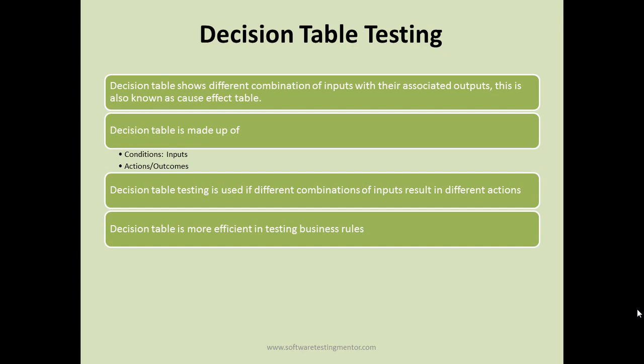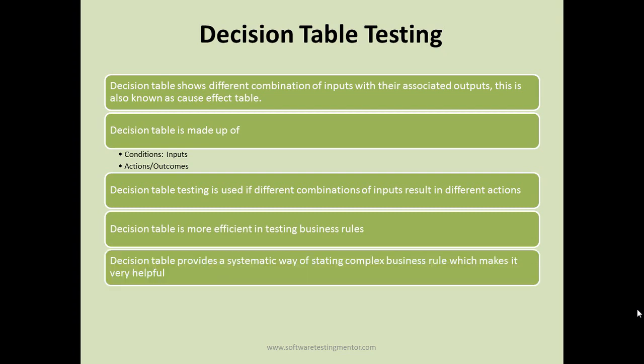A decision table is more efficient in testing business rules. Whenever you are testing business rules which are dependent on different conditions, you need to use decision table testing. A decision table provides a systematic way of stating complex business rules, which makes it very helpful.